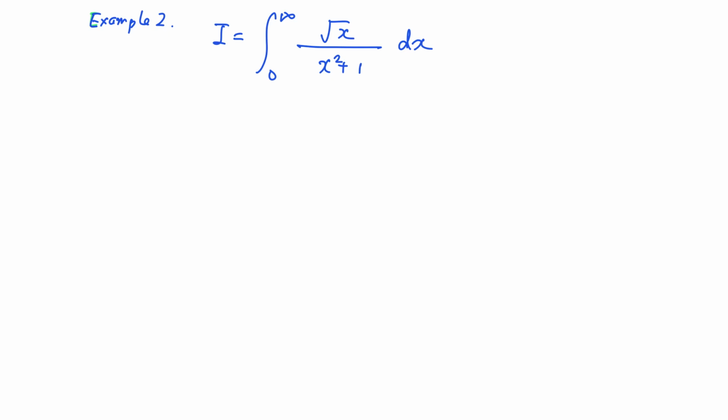So Cauchy's idea is using this f(z) equals z to the 1/2 over z squared plus 1. But we have some problem: this particular function is not single valued.